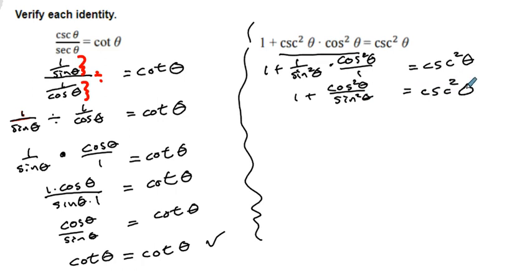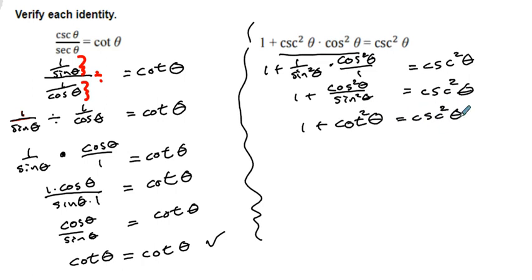We're not even really thinking about cosecant squared right now. Now, cosine squared over sine squared theta, guys, is cotangent, right? Or cosine over sine is cotangent. So cosine squared theta over sine squared theta is cotangent squared theta equals cosecant squared theta.